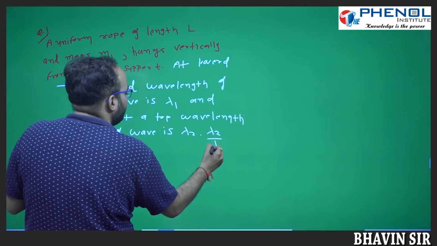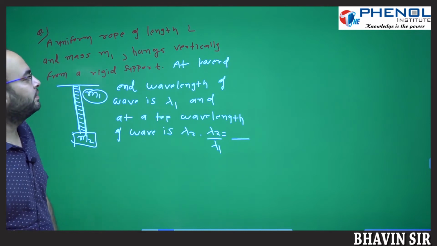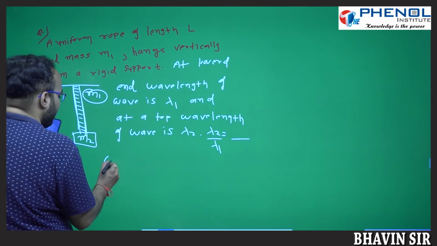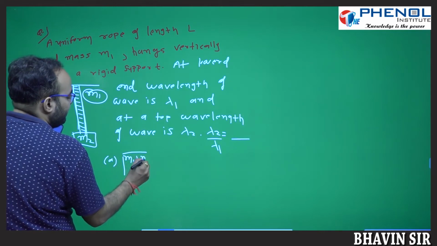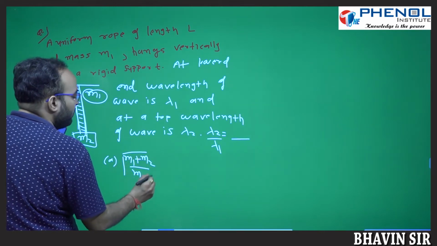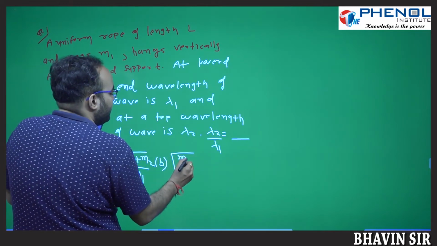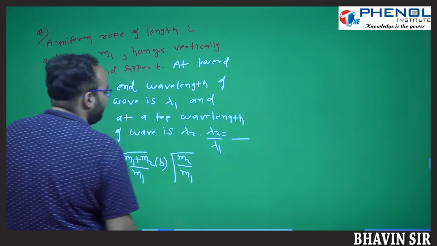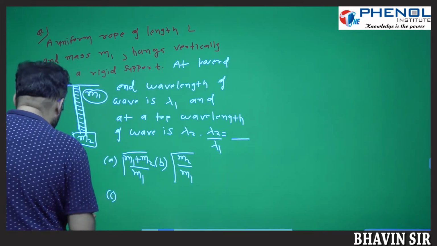We want to find the ratio of lambda 2 by lambda 1, and see what the options are: M1 plus M2 by M1, M2 by M1, then what is option C?